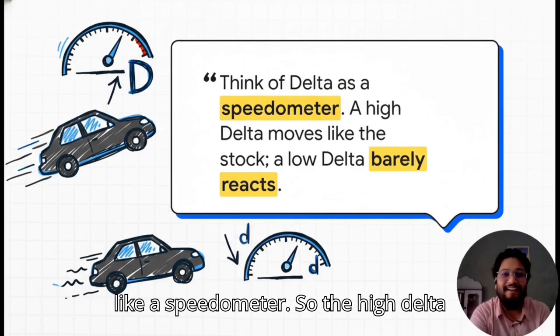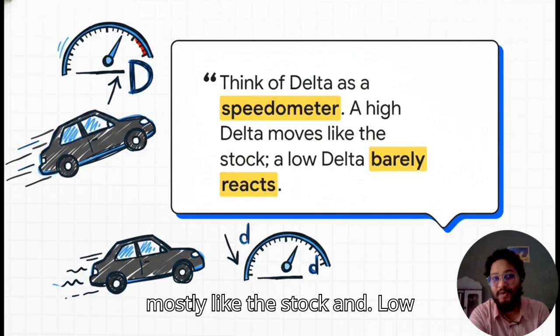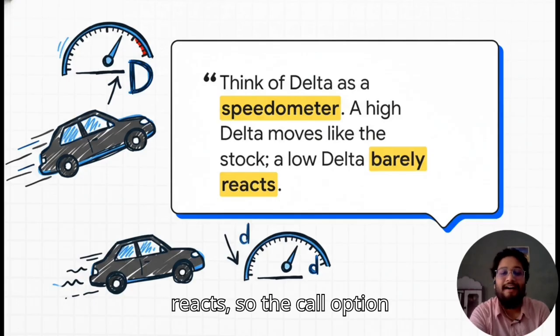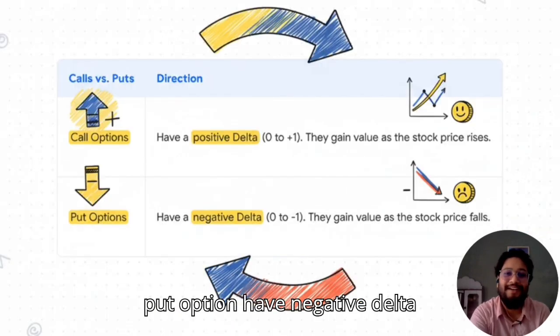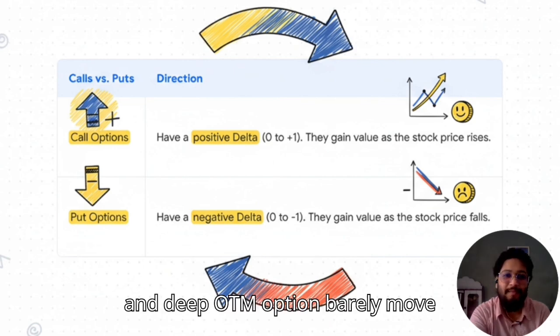A high delta indicates the option moves mostly like the stock, and a low delta indicates the option barely reacts. A call option has a positive delta and a put option has a negative delta. A deep ITM option behaves almost like the stock, and a deep OTM option barely moves, right?